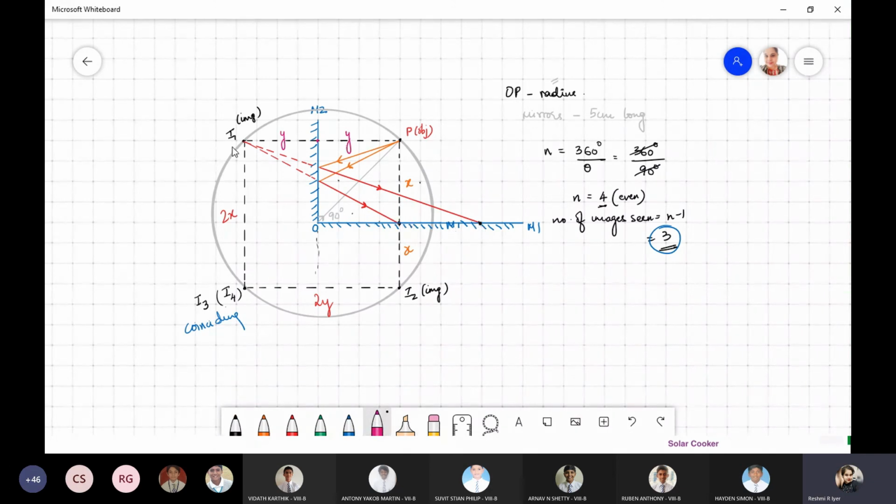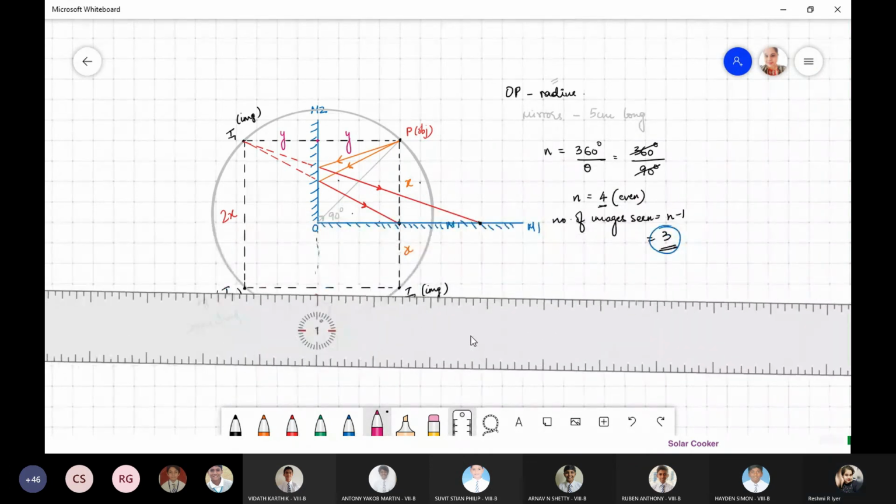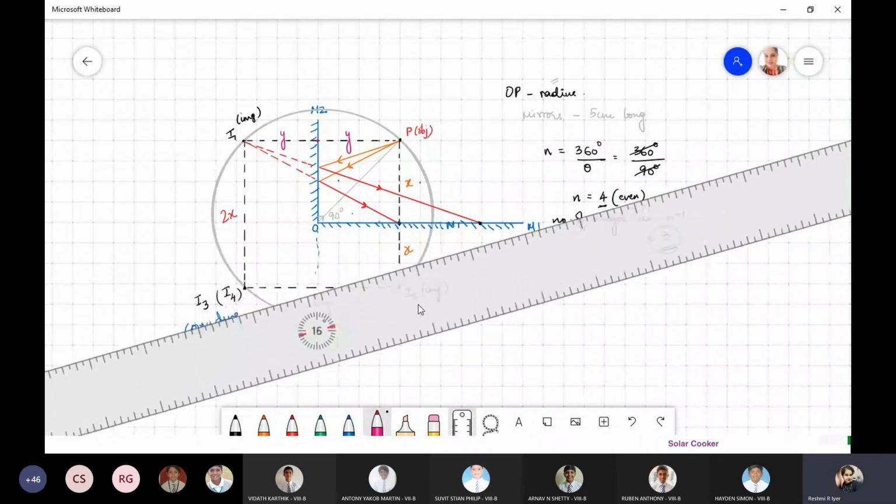Which is the image of I1? I3. I told you, right? Mirror 1 will reflect I1 to form I3. Mirror 2 reflects image I2 to form I4. Okay, now connect these 2 points of incidence with I3 and produce them forward as reflected rays.